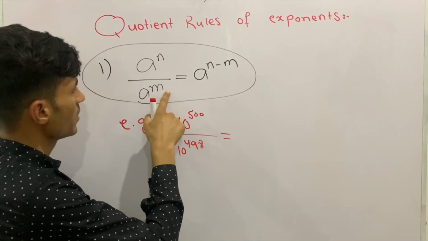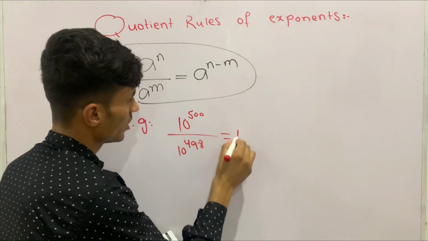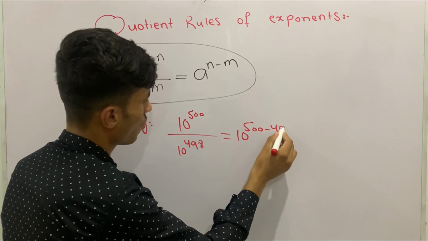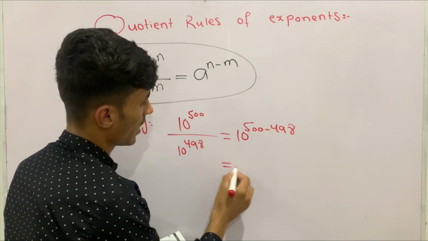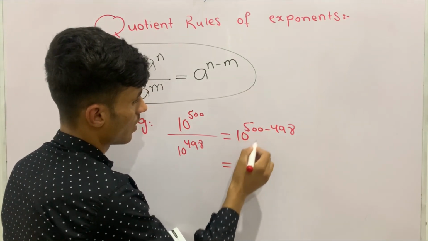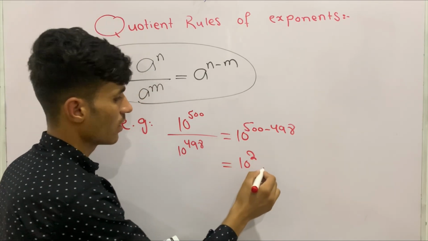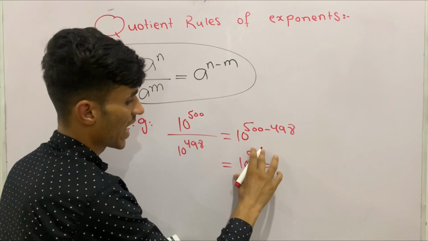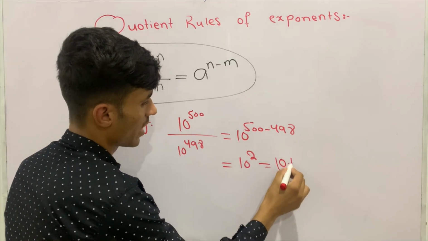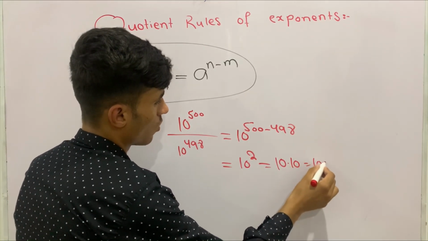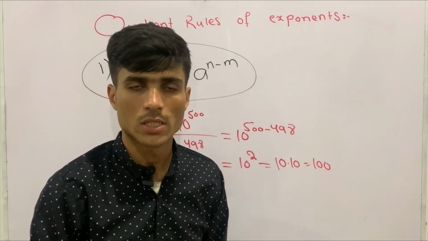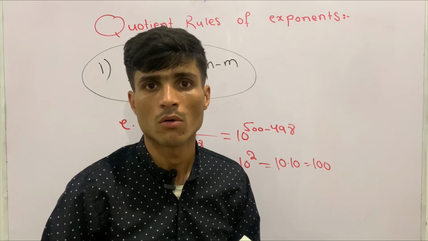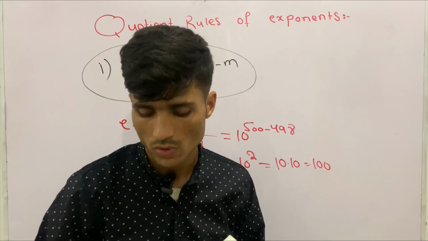So applying this rule, keeping the same base, which is 10, subtracting 500 minus 498, we get 10 to the 2, right? So 10 squared equals 10 into 10 equals 100. So I hope it's clear, the very first law of quotient, right?